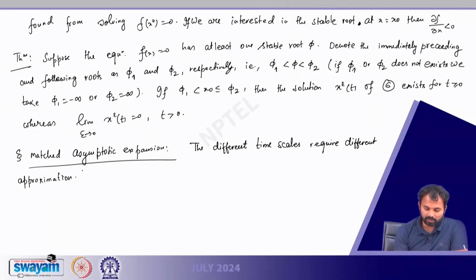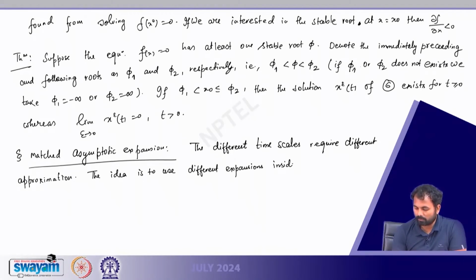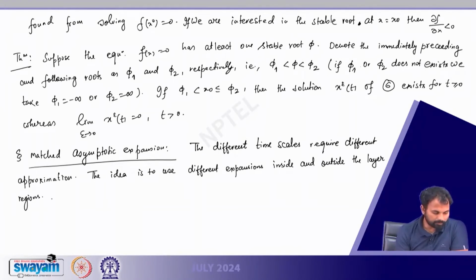So the idea is to use different expansions inside and outside the layer regions, and match the approximate solutions appropriately.